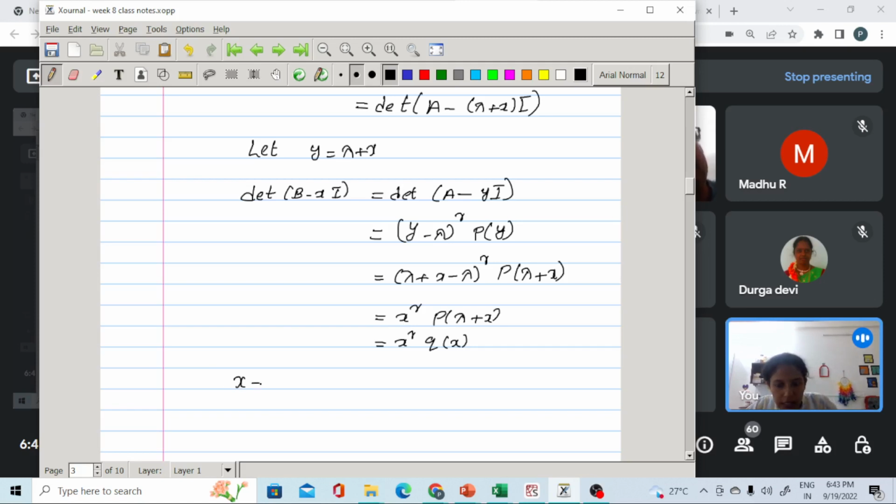Now, is x equal to 0 an eigenvalue? Yes. This is x to the power r, meaning x minus 0 raised to r. That means 0 is a root of this equation, so x equal to 0 is an eigenvalue. What is the order of this root?